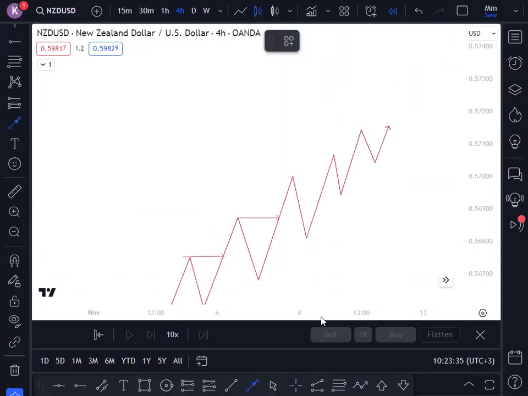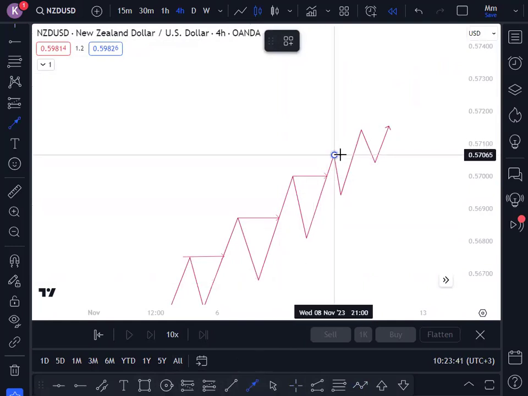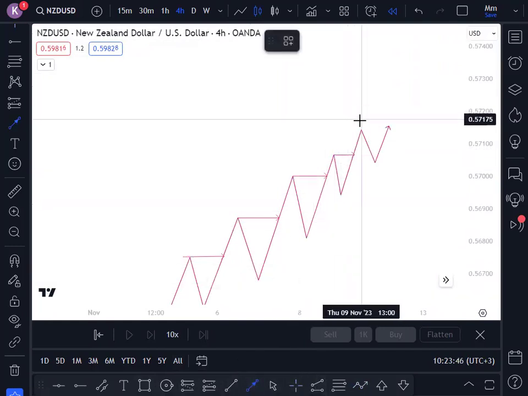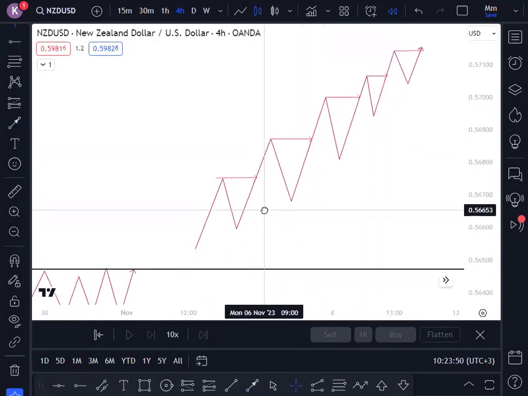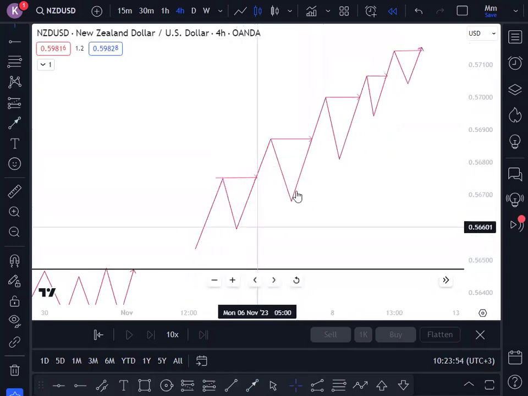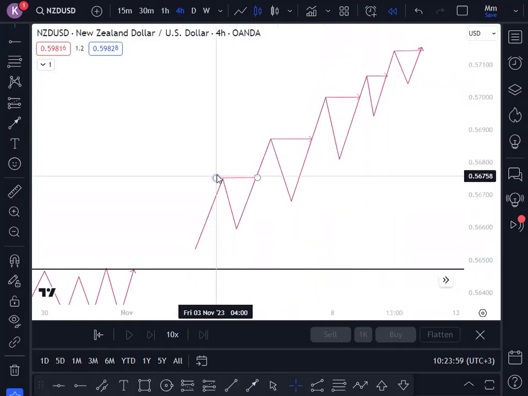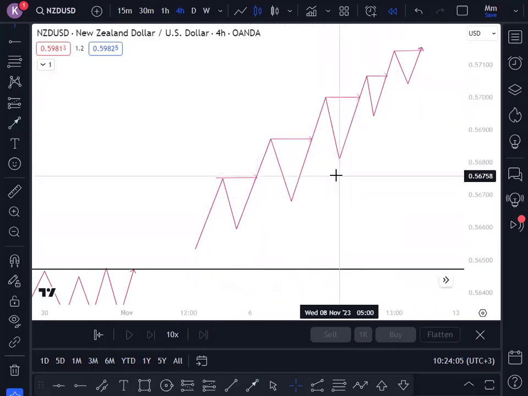These are higher highs and higher lows. So the market moves in a series of waves. This is higher highs and higher lows, higher highs and higher lows. You can see this is a market structure, because using a market structure, the market makes higher highs and higher lows.